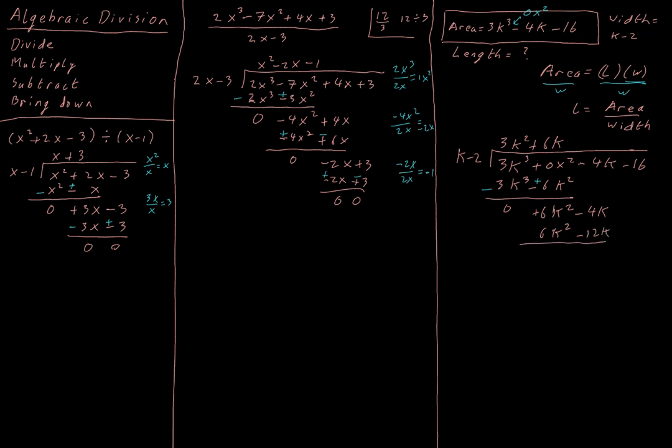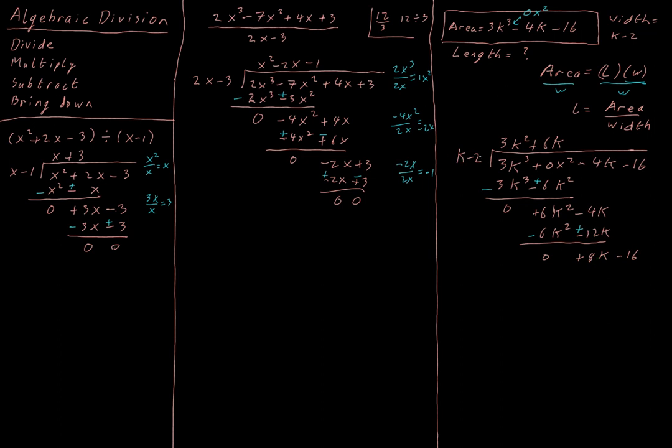Subtract. So minus by minus is plus again, and we end up with 0 and plus 8k. Bring down, and the cycle again repeats one more time to completion.